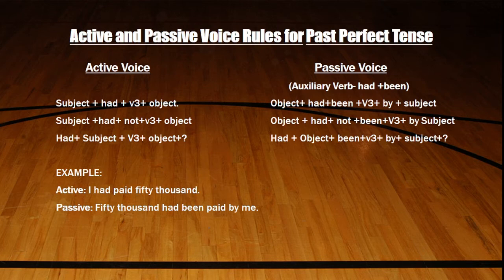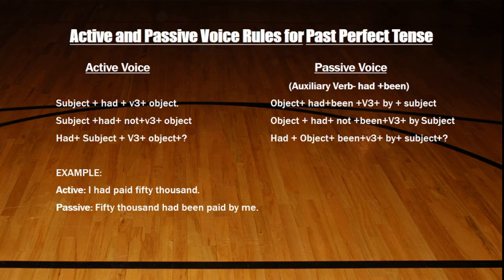Now, what happens in the case of the negative sentence? It's like subject plus had plus not plus the third verb form and then the object. In the case of the passive voice, it's like object plus had plus not plus being and then the third form of the verb followed by subject.